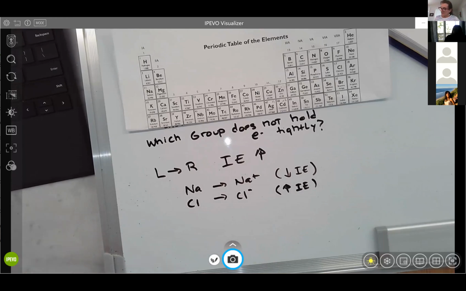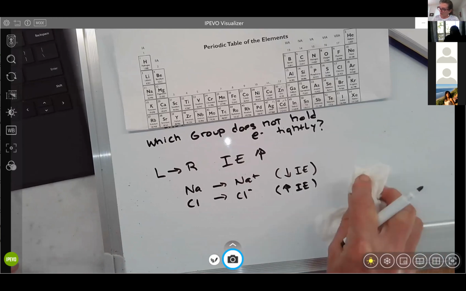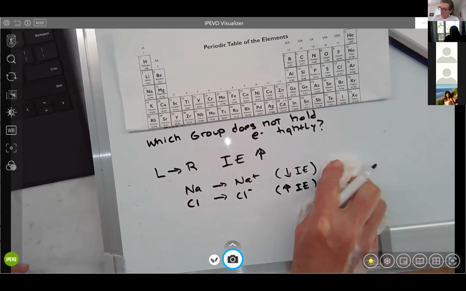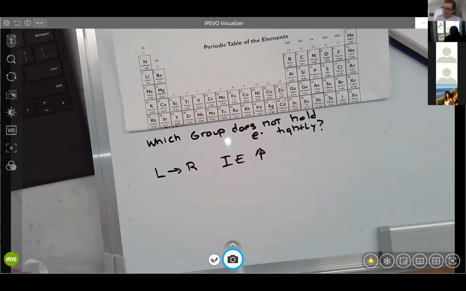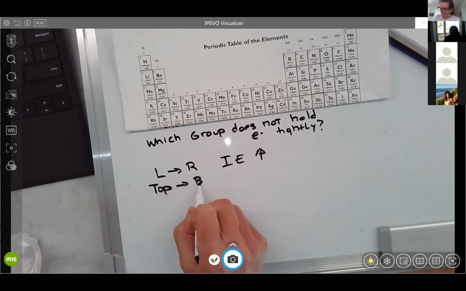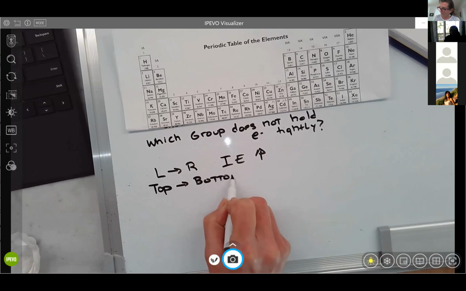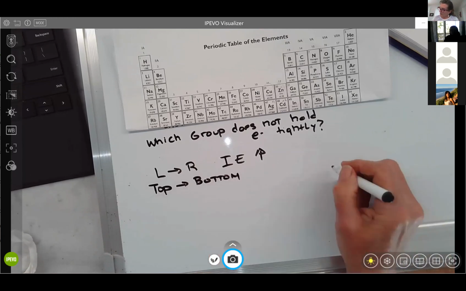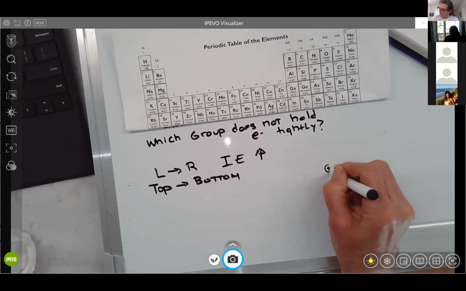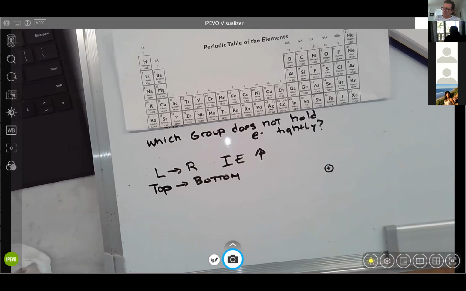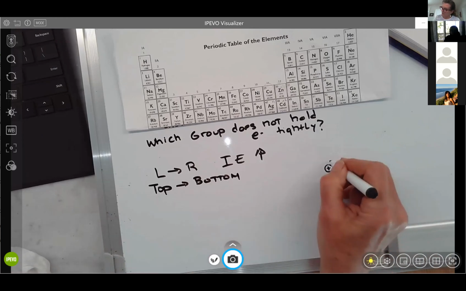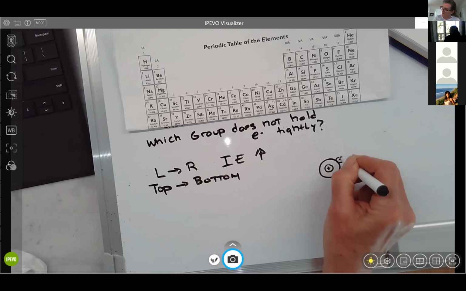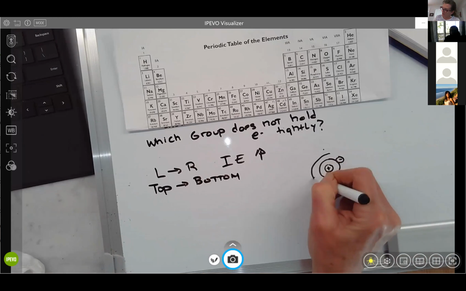Okay, the other thing is to think about ionization energy going from top to bottom on the periodic table. So we have our positive nucleus. Every time you go down a row on the periodic table, think of it, it's a little bit simplified, as shells of electrons.